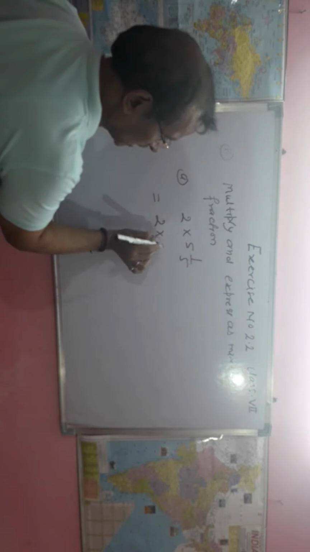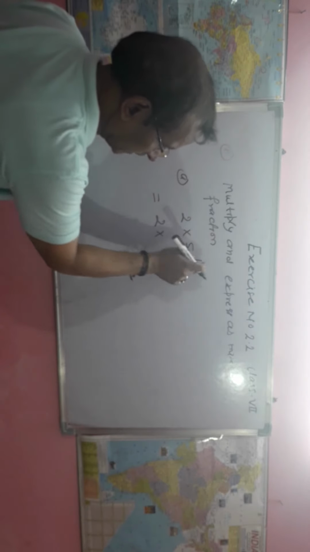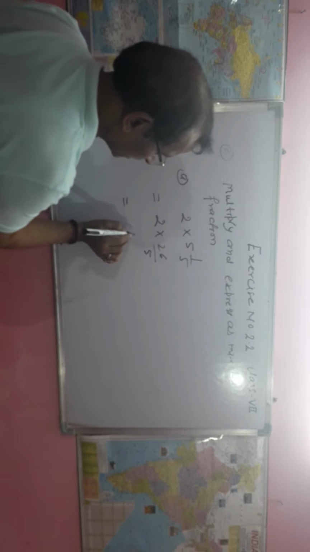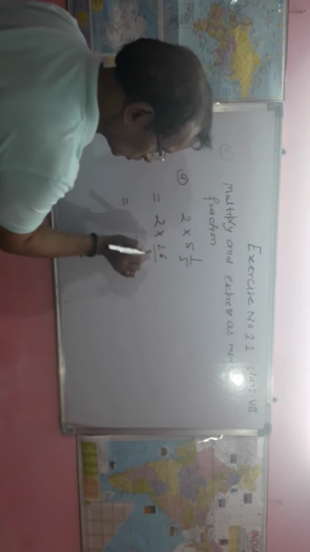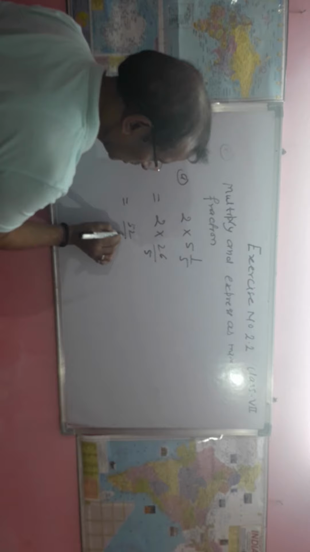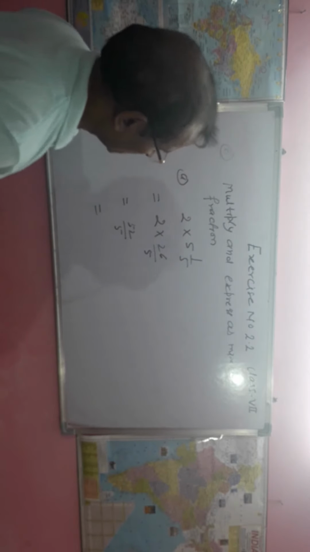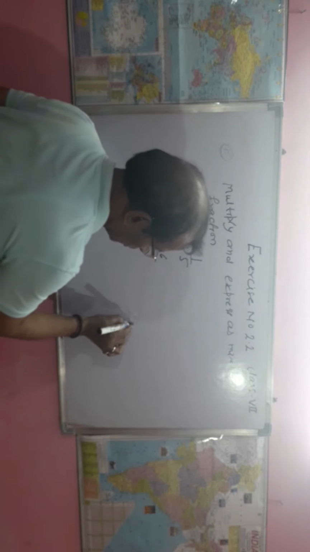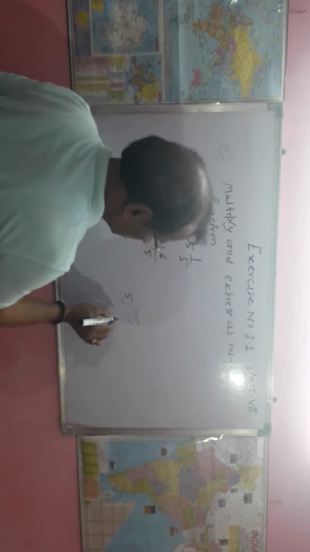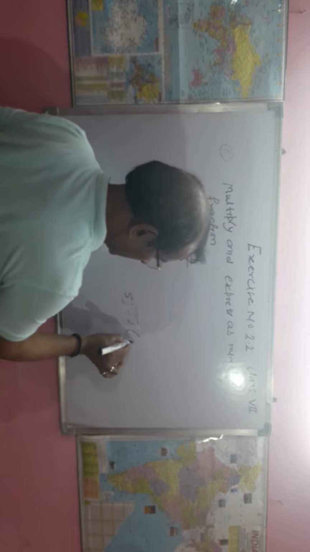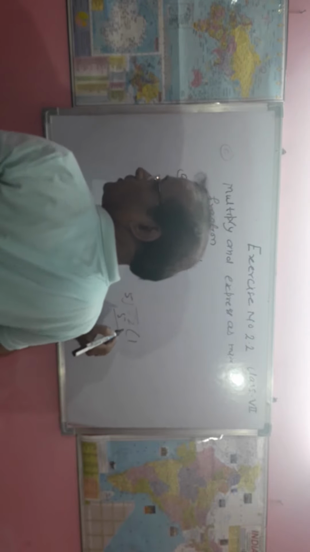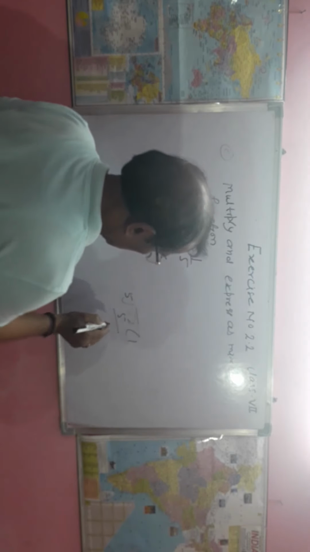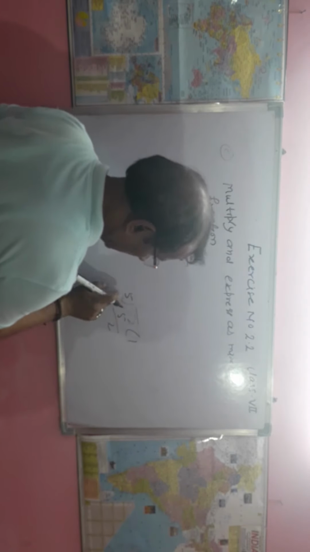Now 5 times 5 is 25, and 1 makes 26 upon 5. We get 26, 2 times 26 is 52 upon 5, and then we divide 52 by 5. We get 5 ones are 5, and we write here 2.